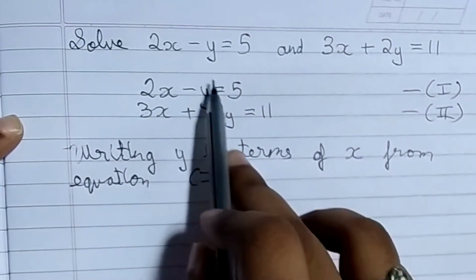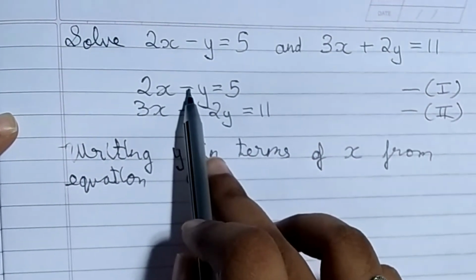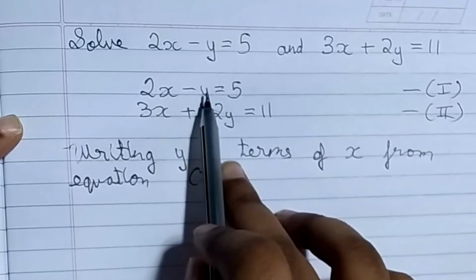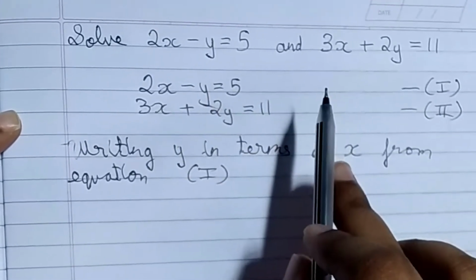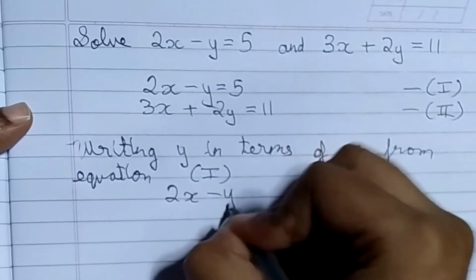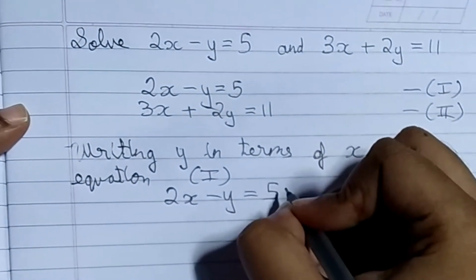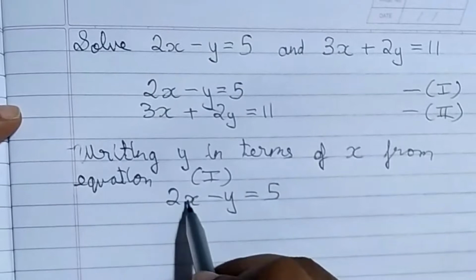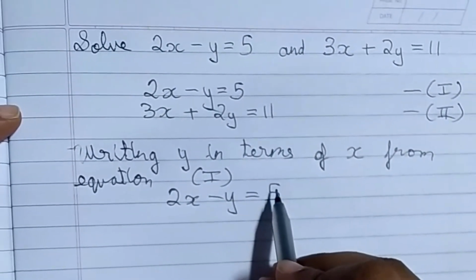That means we rearrange the terms of equation 1 in such a way that we get y equal to. This is equation 1, 2x minus y equal to 5.